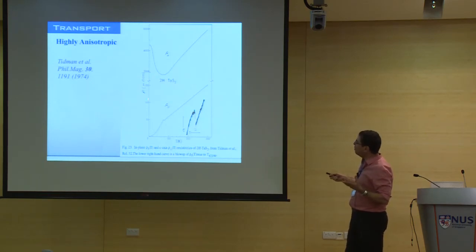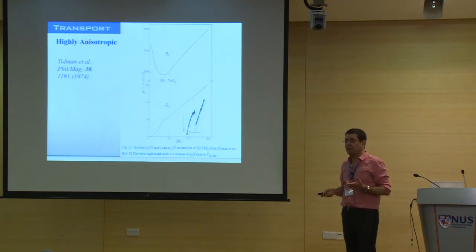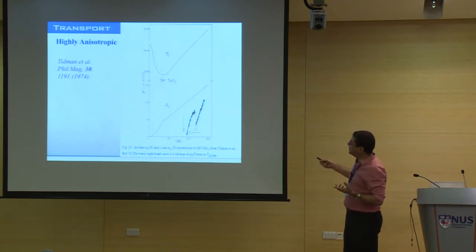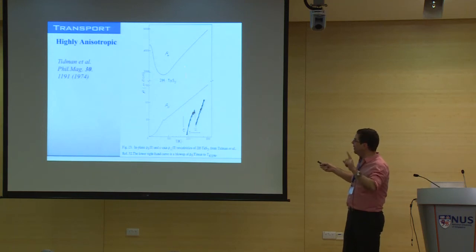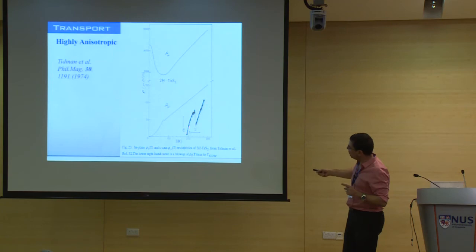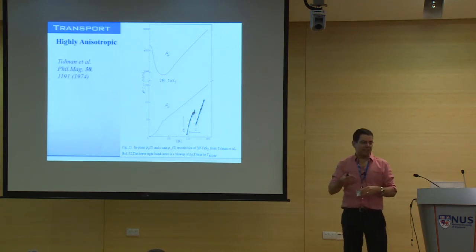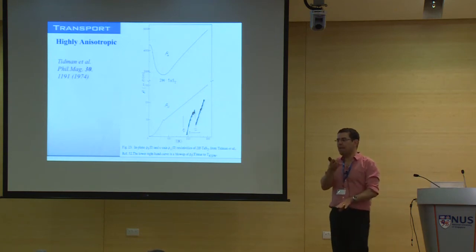This is data on resistivity in tantalum disulfide, okay? So you see, this is the out-of-plane resistivity, and this is the in-plane resistivity. So in the normal phase, they have linear in temperature resistivities, but when the phase transition kicks in, and this is how this little blip here is amplified here, so you have this jump in the resistivity at the transition point, there is a decoupling between the in-plane and the out-of-plane motion.